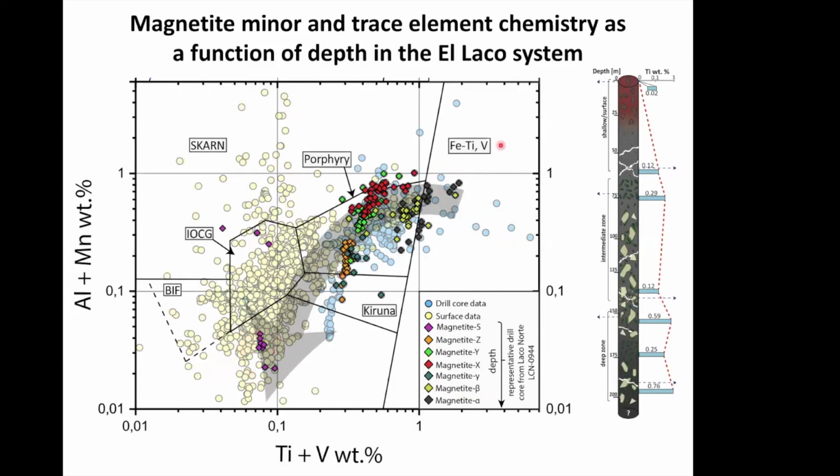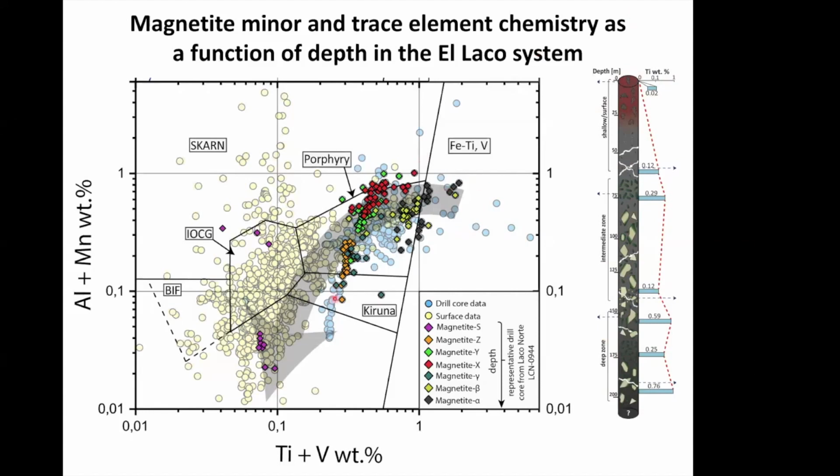What these data show us, if we look at the right-hand side of the slide, is that the trace element composition of magnetite systematically changes from depth to surface. I mentioned earlier only the titanium concentration, but what we can now see in the data is that all of the trace elements in magnetite are enriched in the deeper sections of the core and become systematically depleted as we move towards the surface.